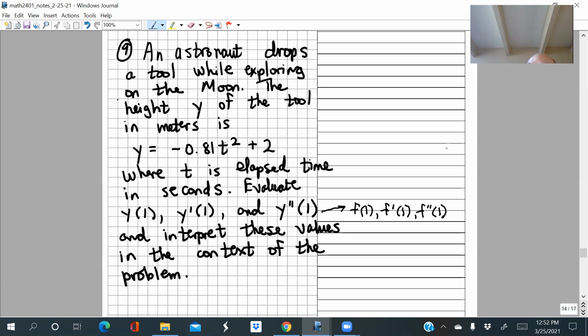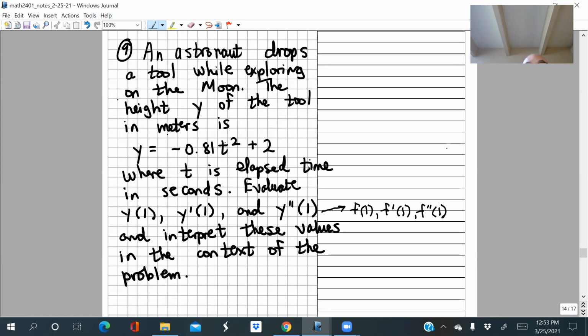All right, so in our imaginary problem here, an astronaut drops a tool exploring the moon. Objects fall on the moon according to the same gravitational laws that govern objects falling on Earth. But the moon, of course, has less mass, so the equation looks slightly different on the moon than it does on Earth, but the basic equation is the same, okay? So here's the equation for this tool dropping.